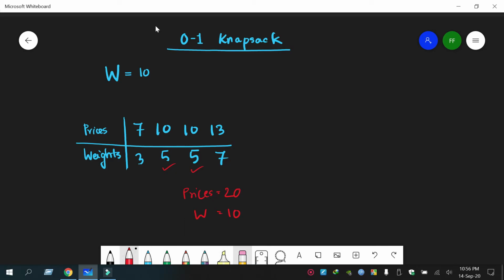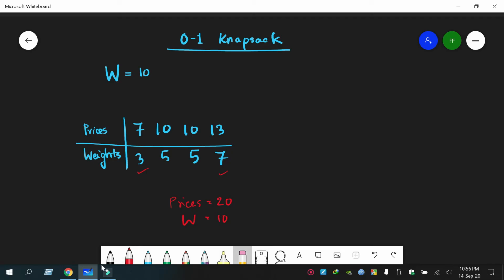And there can be another combination, which is the first and the last one, these two. And in this case also the price will be 20 and the weight will be 10. And after seeing all these combinations, you surely know that there are two answers. You can either take the first and the last one, or you can take the second and the third one, and both add up to 20, which is the maximum profit you can get by stealing these items.